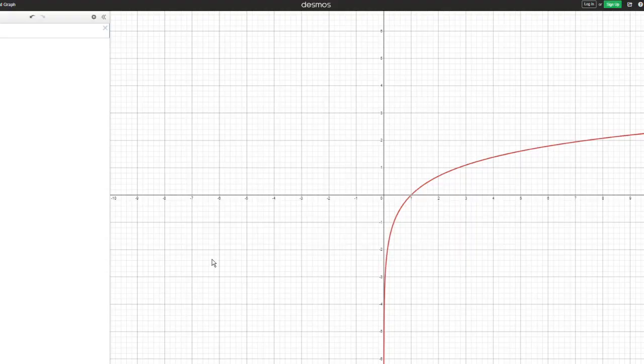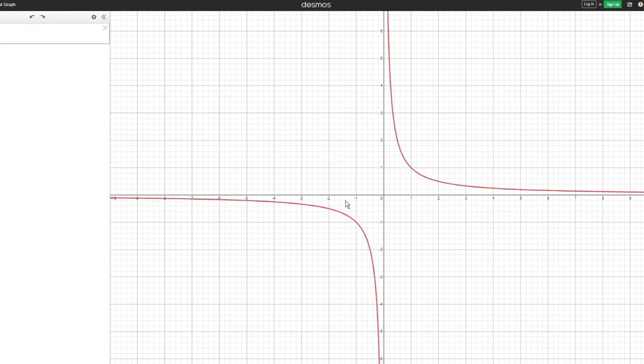Which means the area under the graph of 1 over x, when x is from 0, not including 0, to 1, is infinity. It's not a finite number. So that's the geometric meaning.